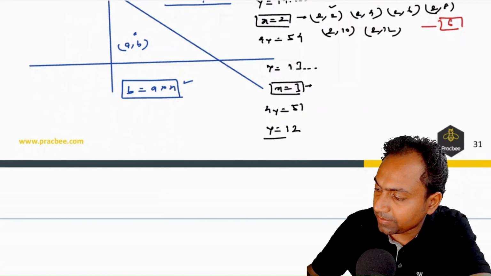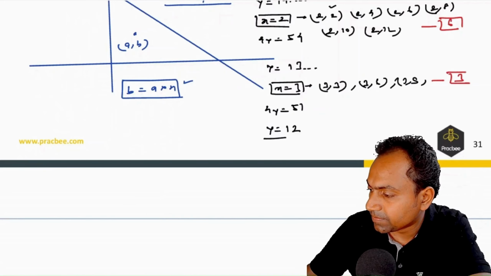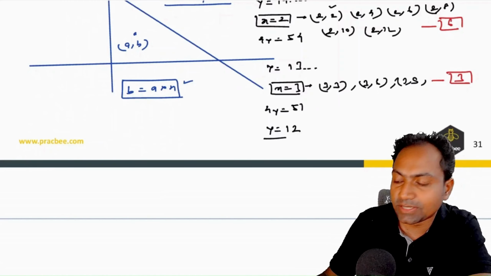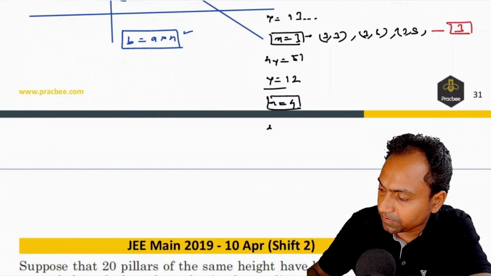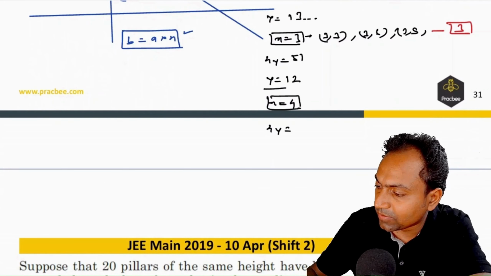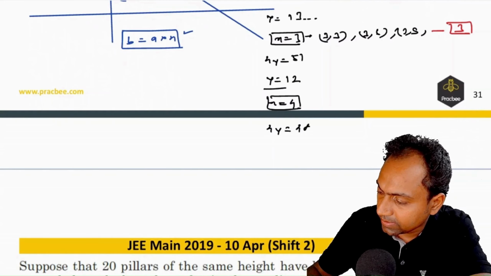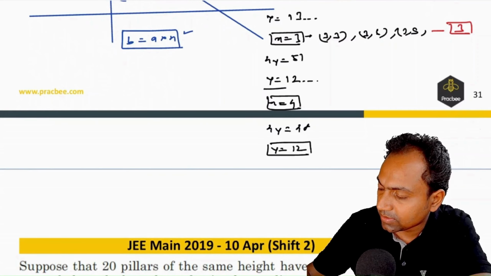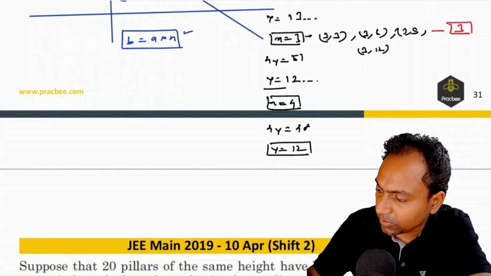Since we want strictly inside points, it would be 3 comma 3, 3 comma 6, 3 comma 9, and we have missed one point: 3 comma 12 will also come, because this is 12 point something.